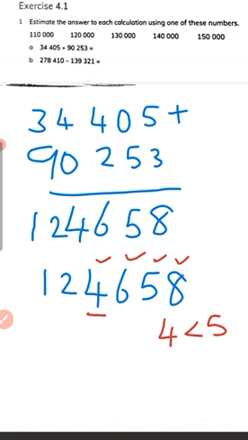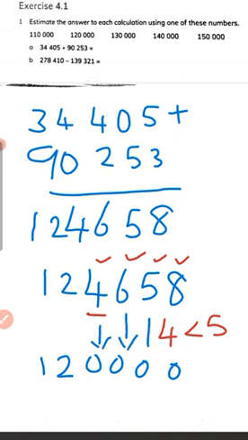So replace the digits in thousands, hundreds, tens and ones by zeros and write the remaining digits. So our answer will be 0, 0, 0, 0, 2, 1. We are replacing thousands, hundreds, tens and ones places by zeros.